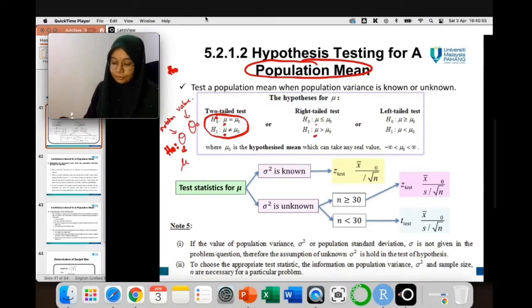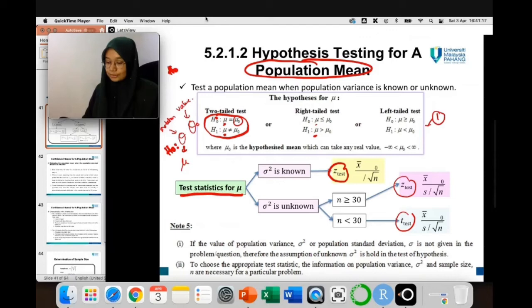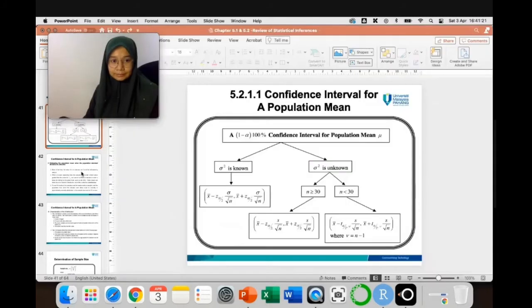Okay. Mu naught, sini mesti value. Where can we get the value? From the equation. Okay, this one is step number 1. Formulate the hypothesis. Step number 2. Okay, test statistic. Step number 2, dia ada Z test, dia ada T test. Okay, so kat sini dia adalah dia punya formula.